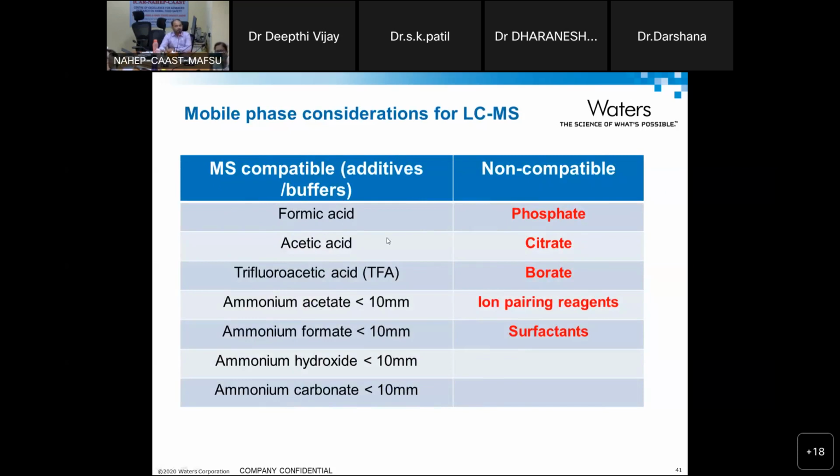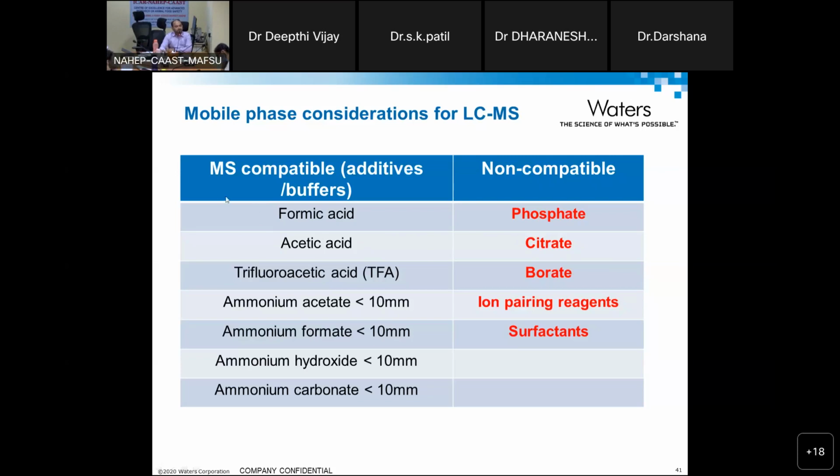The mass spectrometer works on very high voltages and high temperatures. If you use non-volatile salts and buffers, they will not get vaporized or ionized, and they will form a salt deposit and hamper the performance of the system.